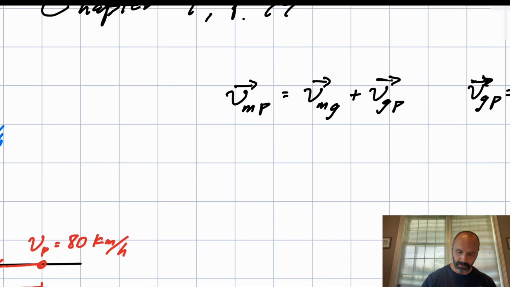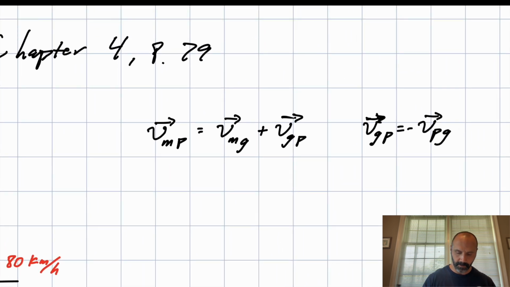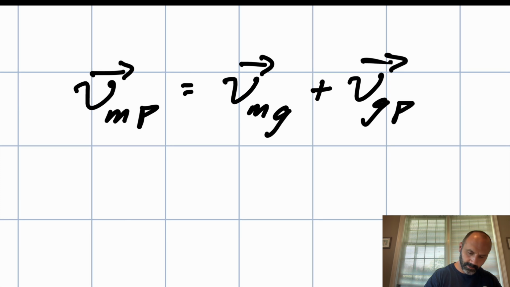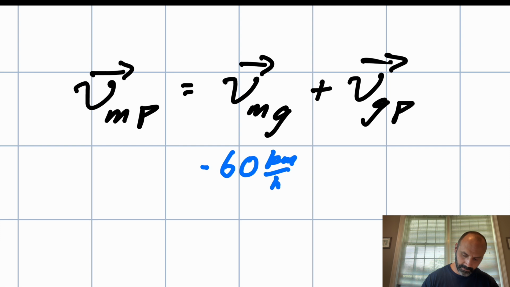So let's do this. Using the vector notation, the motorist is moving, let's do this in blue, the velocity of the motorist with respect to the ground is negative 60 kilometers per hour j hat.